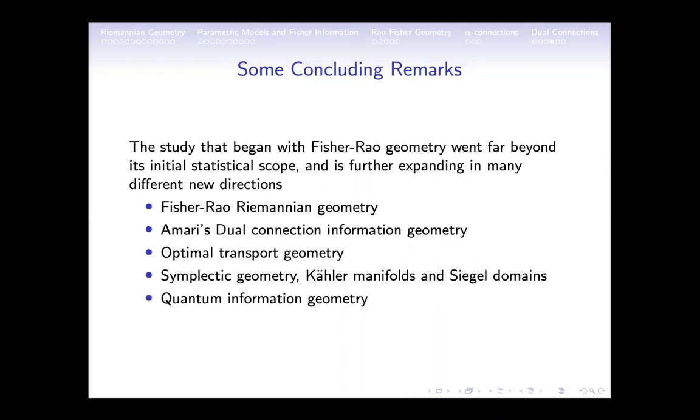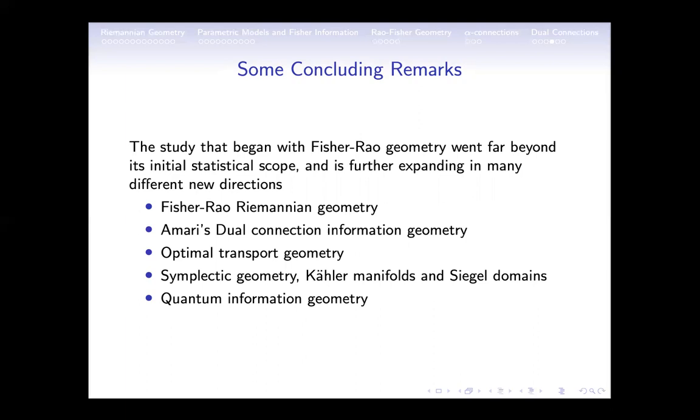So let us end this talk with some concluding remarks. The study that began with Rao's paper in 1945, which introduced the Fisher-Rao geometry, was first introduced to study statistical inference properties, as the tangent space is a linear space which gives linear approximations.